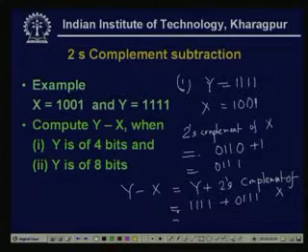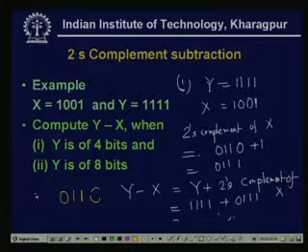If we add, 1 plus 1 is 0 carry 1, and continuing bit by bit with the carries, we finally get a carry out of the last position. So, this is my overflow bit.